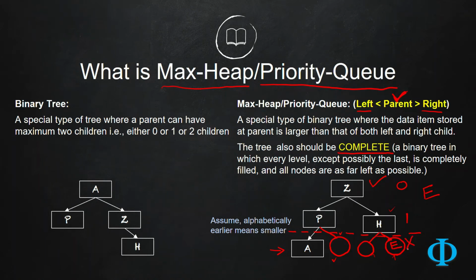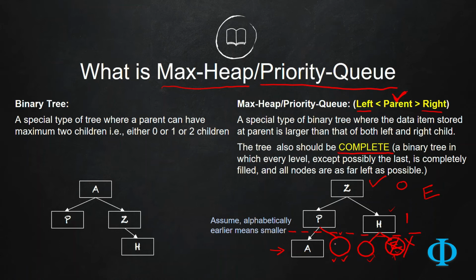That is wrong, because in a complete binary tree it cannot happen that in the same level some nodes on the left hand side remain empty but some right node is filled up. So that is the meaning of nodes being as far left as possible.